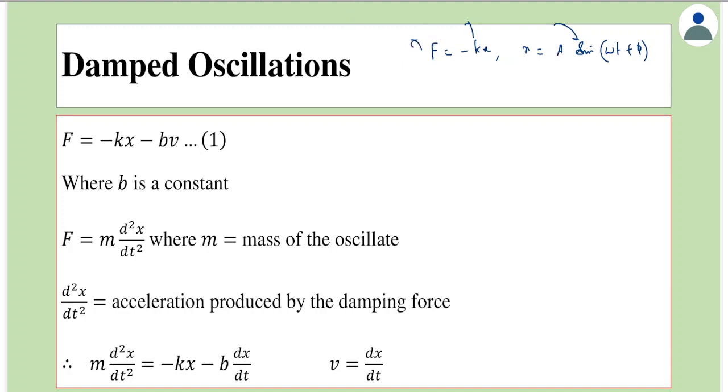In case of a damped oscillation, there will be one more term because of damping. In most cases, the damping force is given as minus b into v, where b is a measure of dampness of the medium, which means if a medium offers higher resistance, it will have a higher value of b.